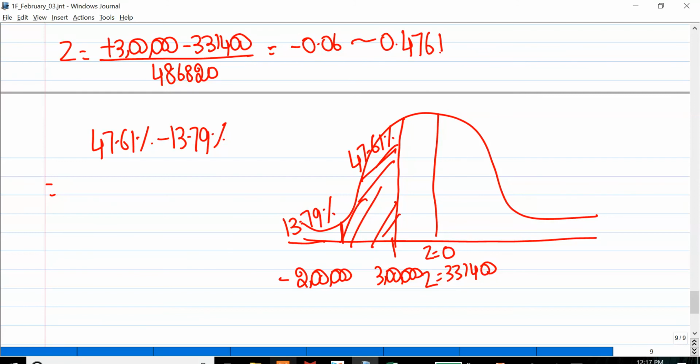If you want in between, this minus this number will give you the in between probability. In between probability is 47.61 minus 13.79, which is 33.82%.